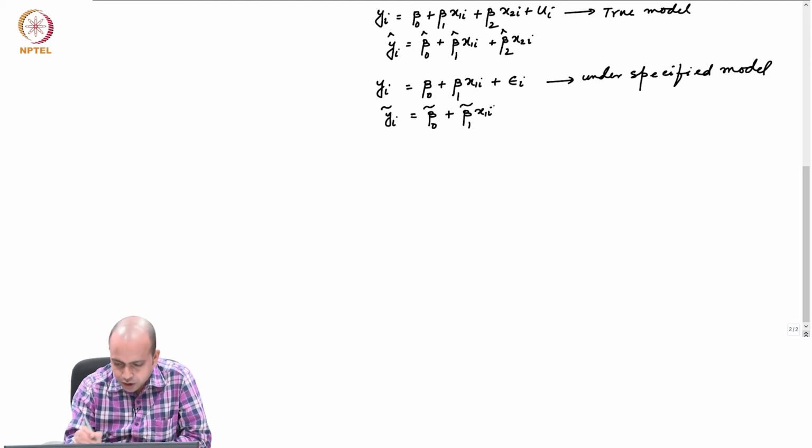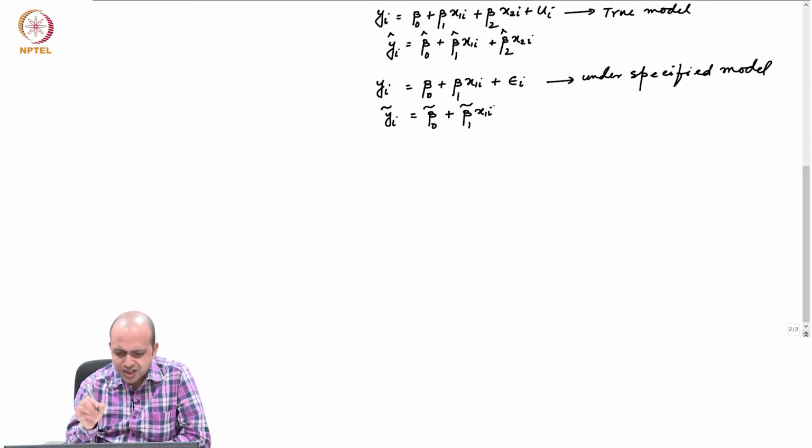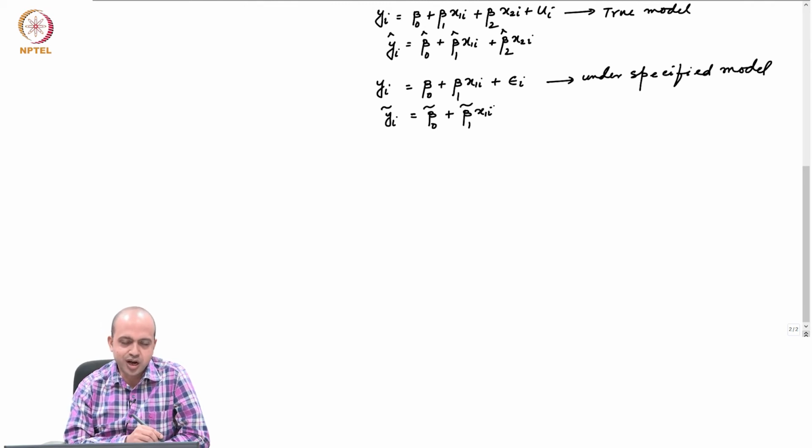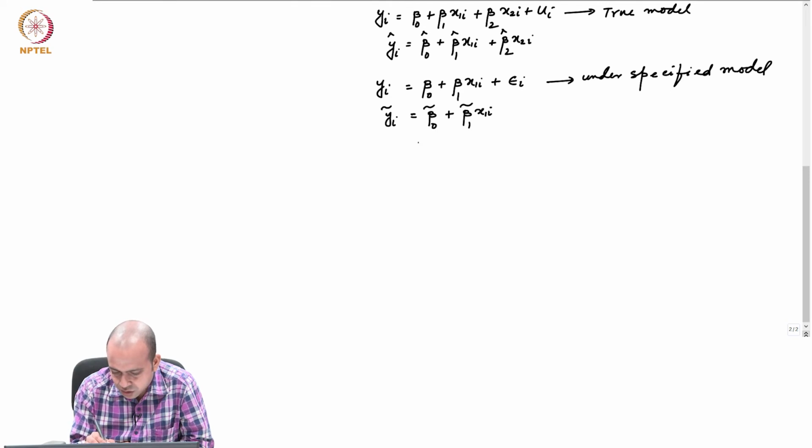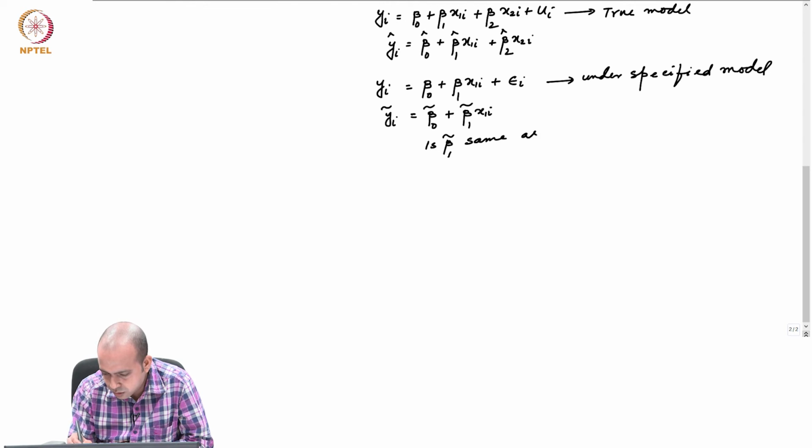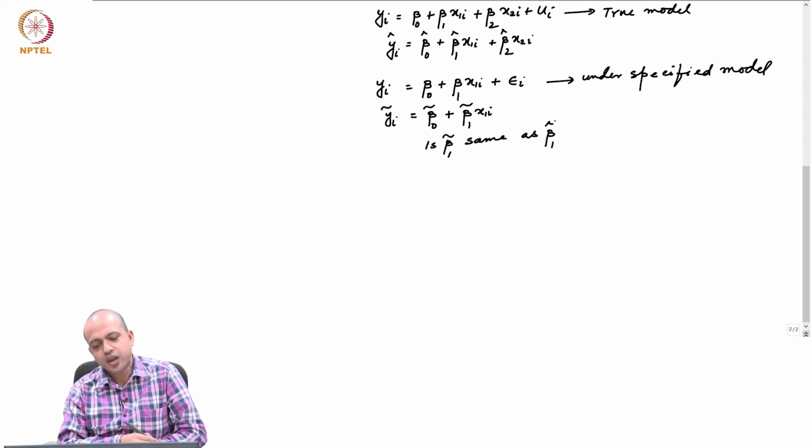x1i. Then the question is, what is the relationship between beta 1 hat and beta 1 tilde? Are they same or different? So, the question here is whether beta 1 tilde is the same as beta 1 hat.